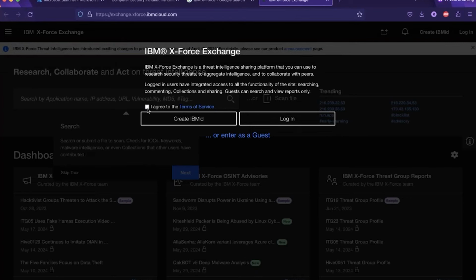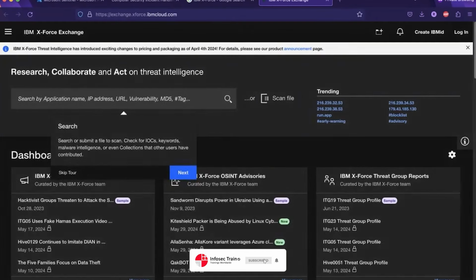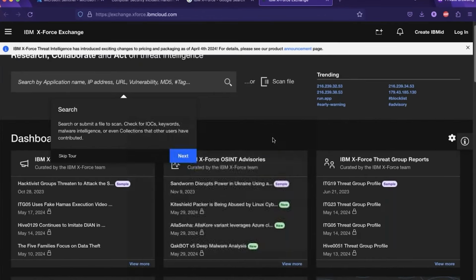Okay, so if you see here, I agree to this and I am going to enter as a guest. This means I cannot see all the threat intelligence that is over there. But one thing you can see is kind of a dashboard.